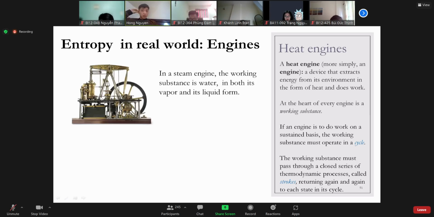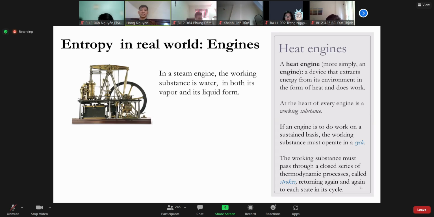Here, I give you an example of a steam engine. The first engine, a very efficient engine that changed the world completely. In a steam engine, the working substance is water. This water is in both vapor and liquid form.